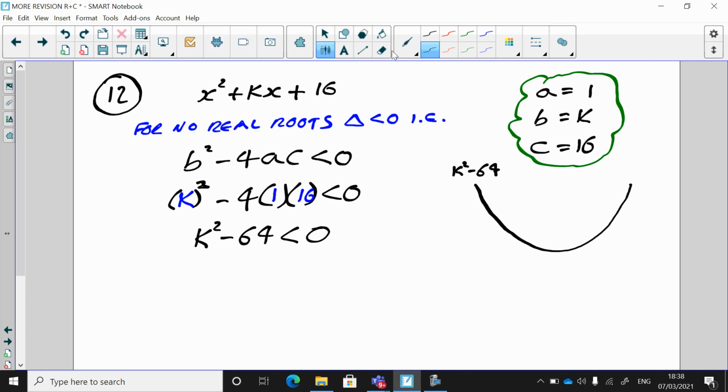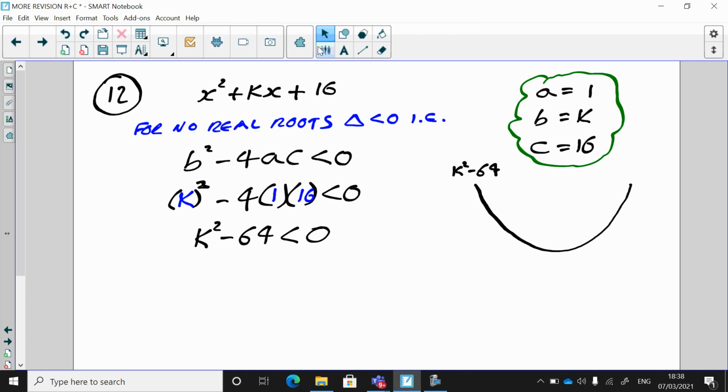Well, I'd need to know where I had a k-axis. Okay, so is it there? Is it there? I don't know. Okay, well, I do know.